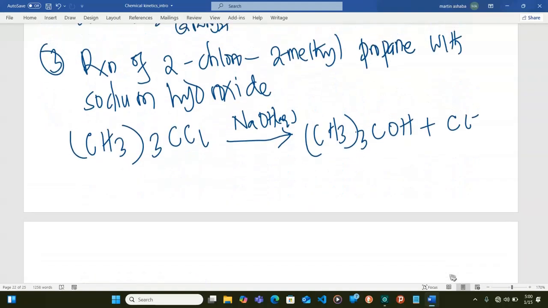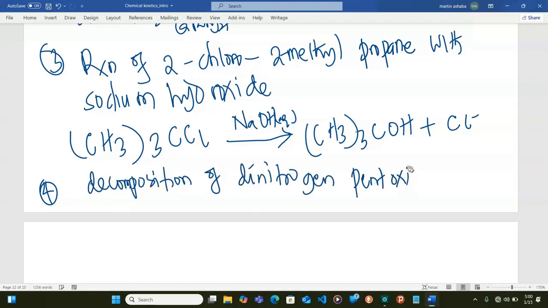Then the other example is the decomposition of dinitrogen pentoxide to nitrogen dioxide and oxygen.